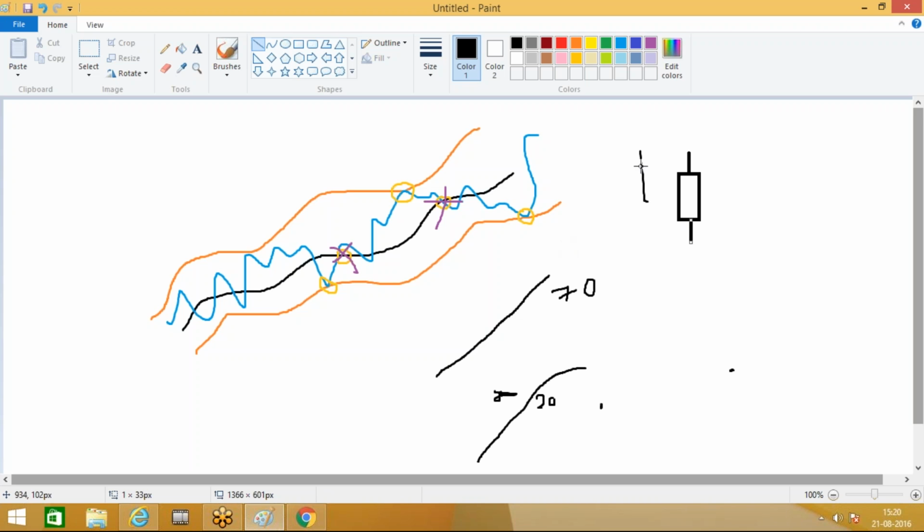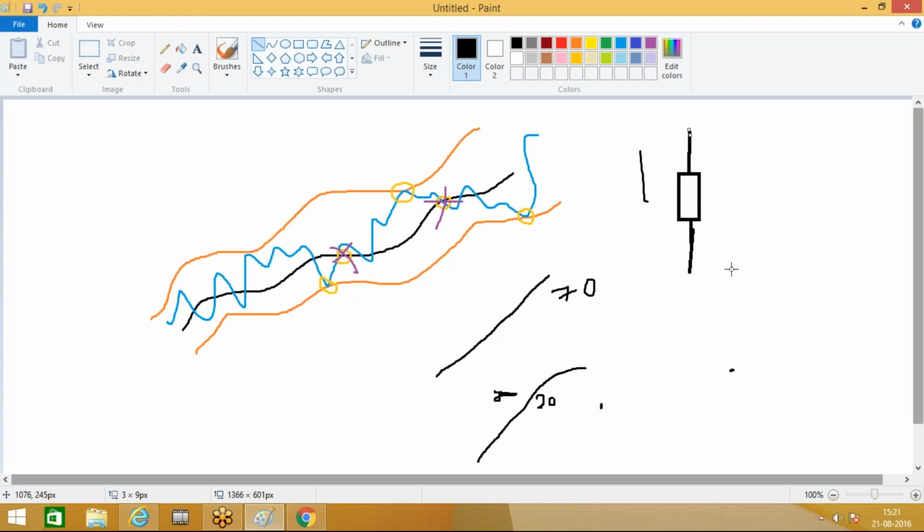So if there is already a trend happening, and at the end of the trend you suddenly find this kind of pattern where there is a good shadow on both the upside and the downside, not just small shadows, good shadows, then it is a spinning top indicator.